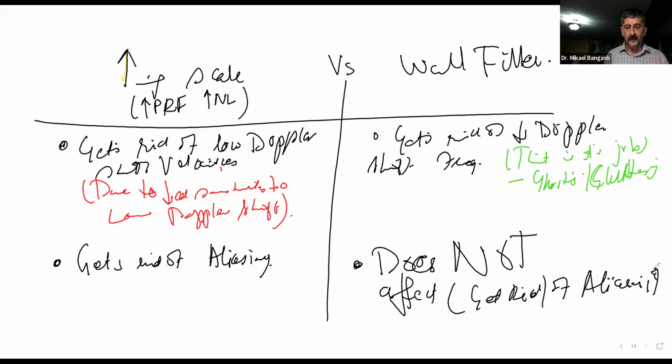You can increase the wall filter as much as you want to, it will not help you get rid of your aliasing. It may get rid of those low frequencies, right? Clear? Whether you call it cluttering on a spectral Doppler, or ghosting on a color Doppler. Did that make sense?